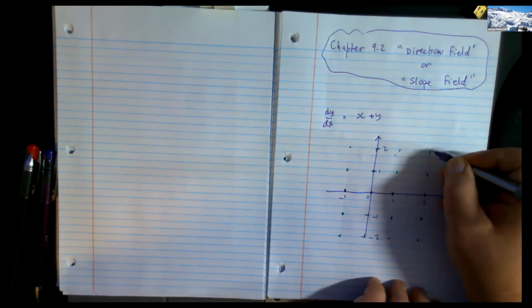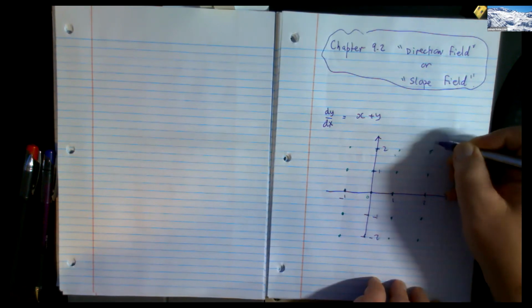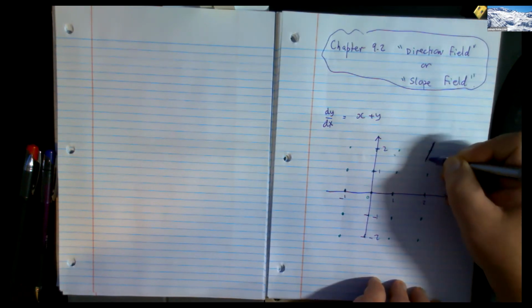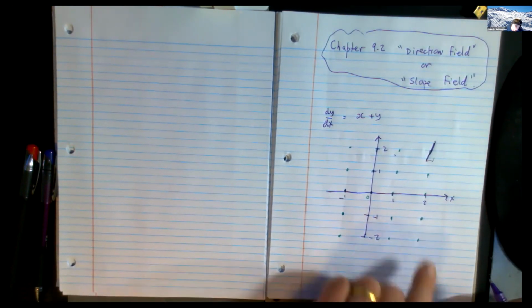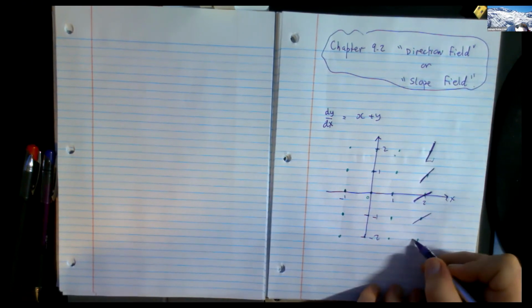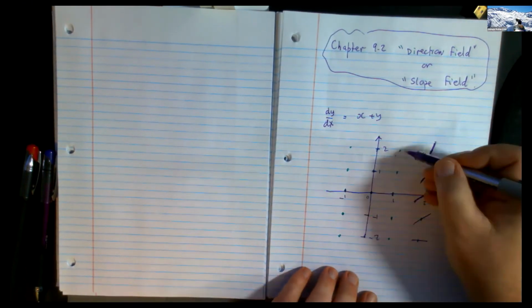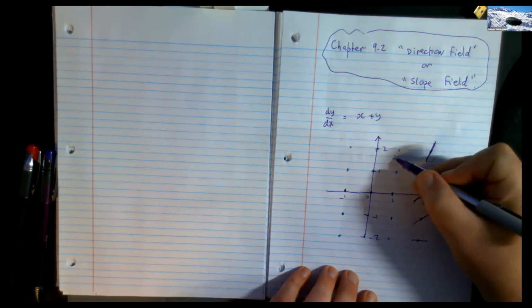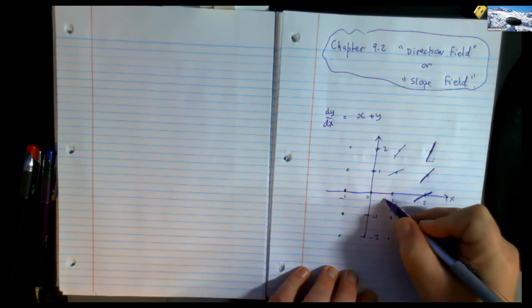To give you an example, do you see this one here? Its coordinates are 2, 2, so its slope would be 4. So you draw a little baby line whose slope is 4. Can you imagine rise over run making it 4? Now this one is 2, 1, so its slope is 3. 2, 0, its slope is 2. 1, 0, then you've got a 3, 2, 1, 0, -1.